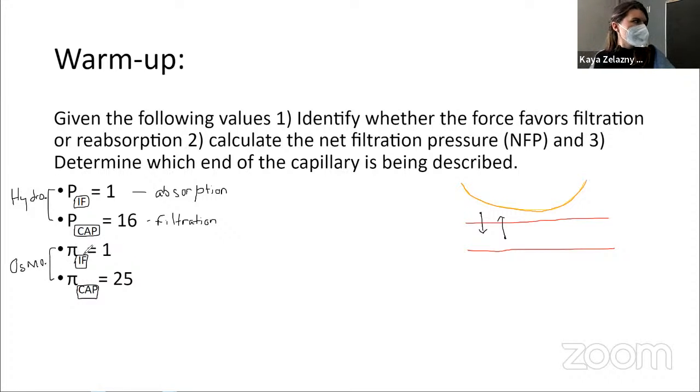So if we're thinking about the osmotic pressure of the interstitial fluid, we're saying we have a solute in the interstitial fluid. It's pulling fluid towards it. So which direction is this? Filtration or absorption? Perfect. Yeah, filtration. And then our final force, our osmotic oncotic pressure of the capillary, a force from proteins in the capillary pulling fluid towards them, is going to be our last force for absorption.